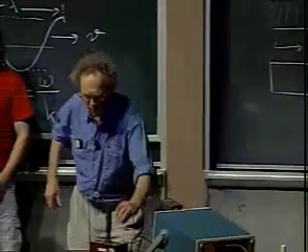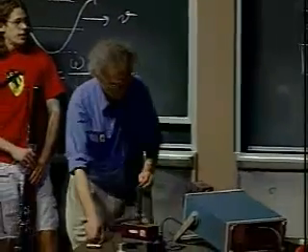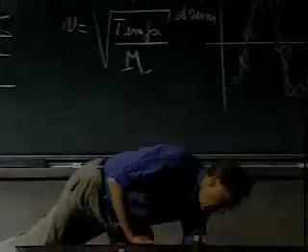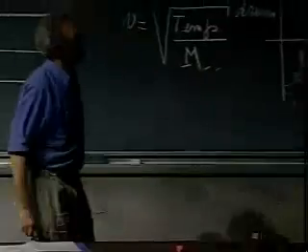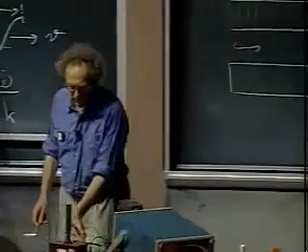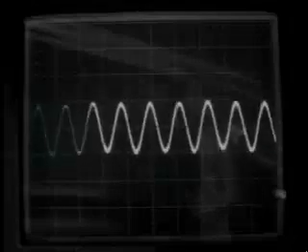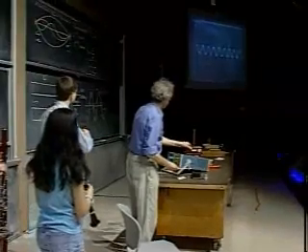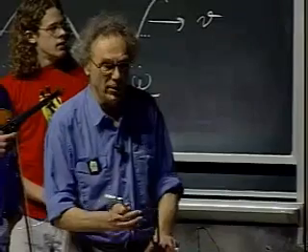So I'm going to turn on now the microphone. And that's where you're going to see the signal. And when you make noise, you can hear and see yourself. 440. Boring and no signs of higher harmonics.